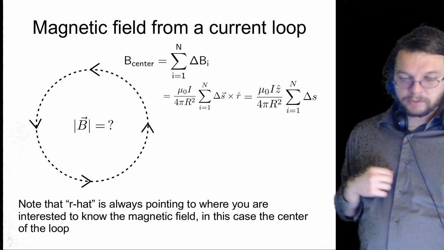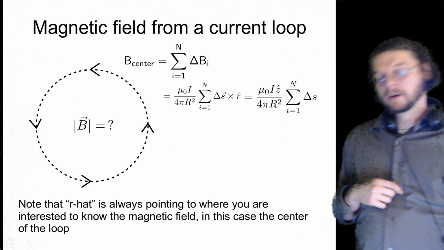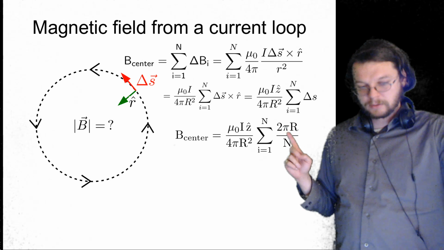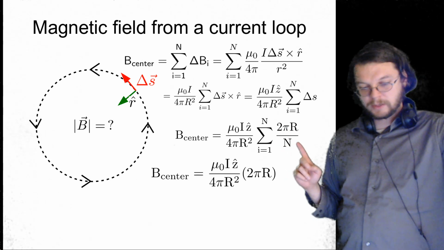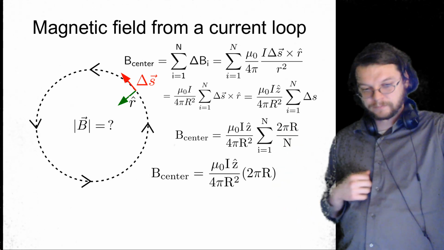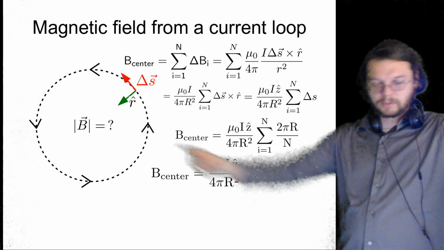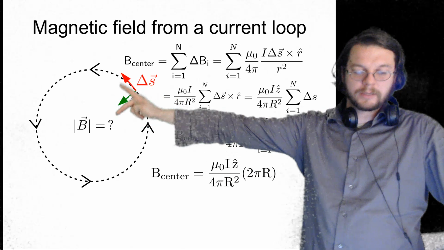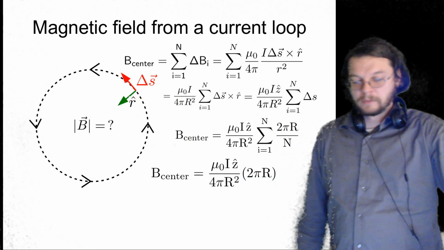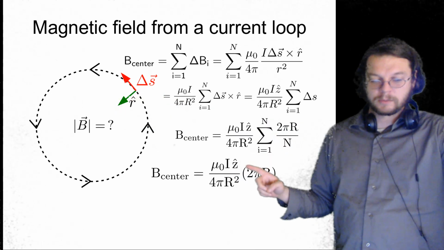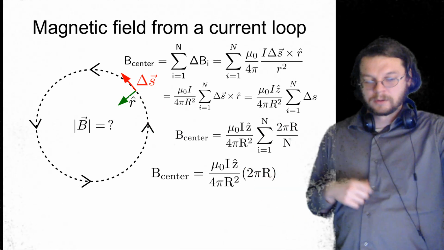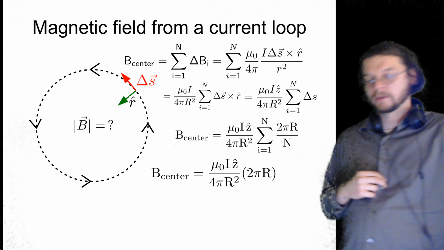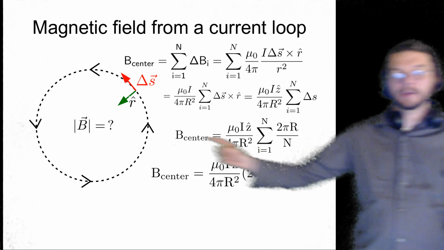If you sum up all those little chunks of wire, 2 pi r over n times n just gives you 2 pi r. So the wire is pointing this way, the r hat is pointing towards the magnetic field, you get a cross product, you get a z hat. I suppose you could say this is a k hat, based on the notation we did in Physics 1250, but in any case, it's out of the page.